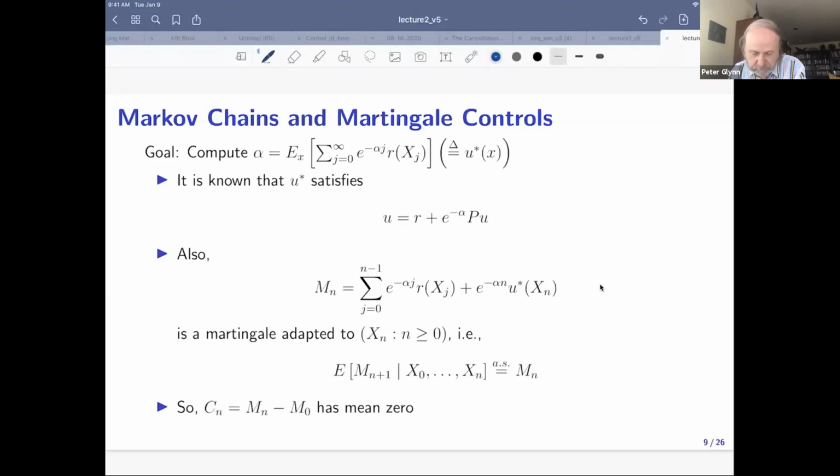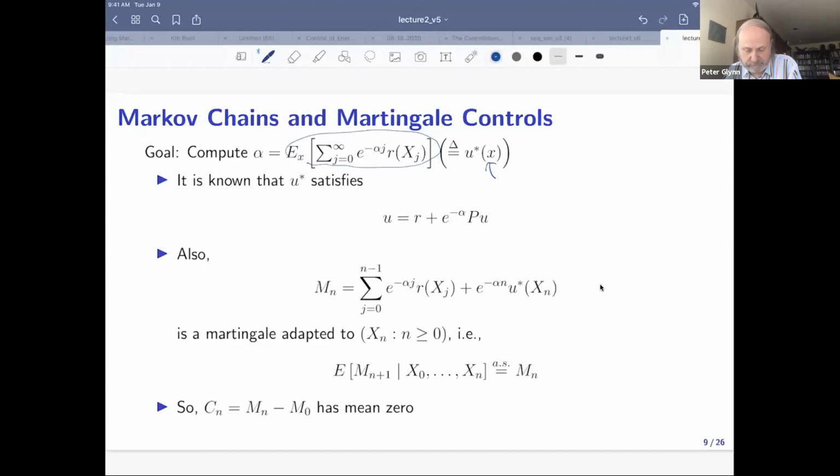So we're going to try to compute this expected value starting from state x. And of course, if I look at this expected value as a function of state x, that gives me a function u star that depends on the particular starting state x. And probably we all know that this u star satisfies a particular system of linear equations.